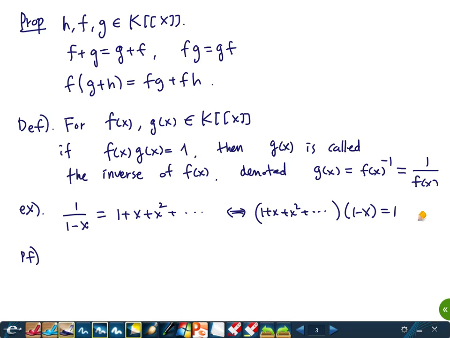How can we show an equation like this? What does this mean? By the way, 1 is also a formal power series. We will think of this as a formal power series, which is 1 plus 0x plus 0x squared plus dot dot dot, right? So in order to show this, we have to find the coefficient of x to the n.